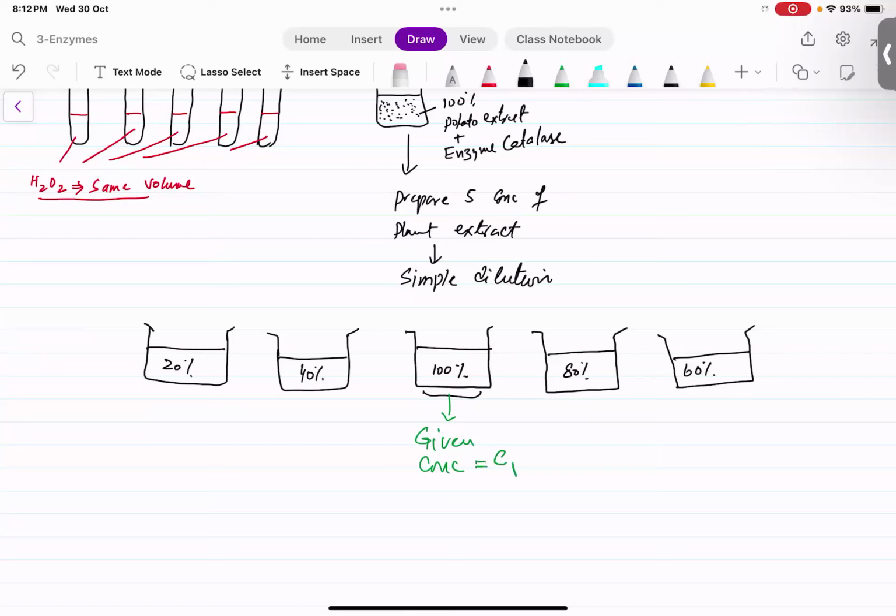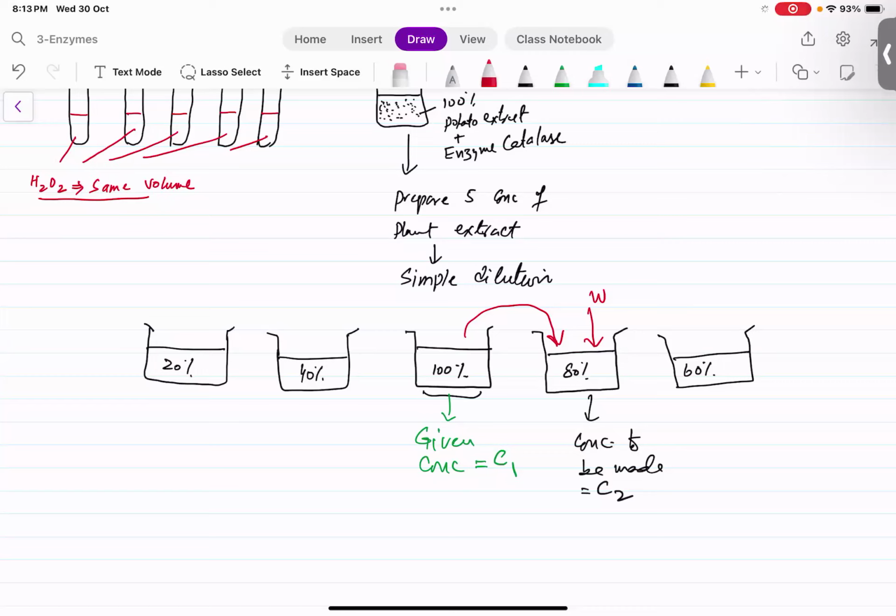And the next concentration that has to be made, concentration to be made in this case, is C2. And what volume of this has to be added into this, and what volume of distilled water has to be added into it, this is what we can calculate. Now we will have to decide what total volume has to be prepared.